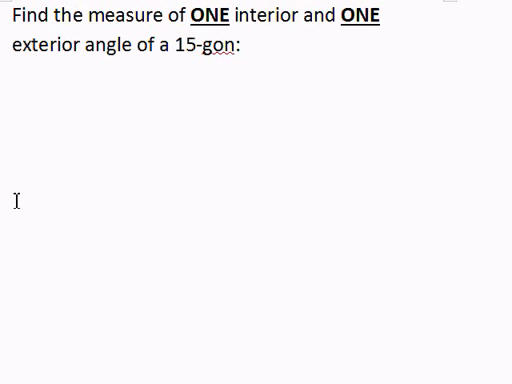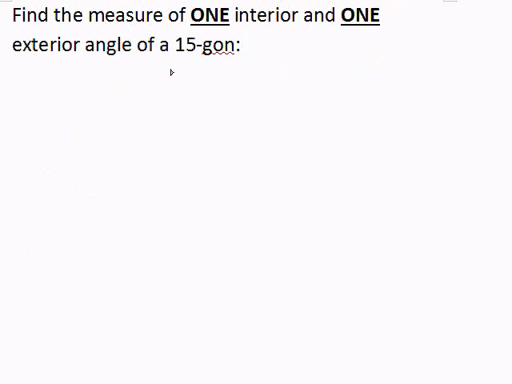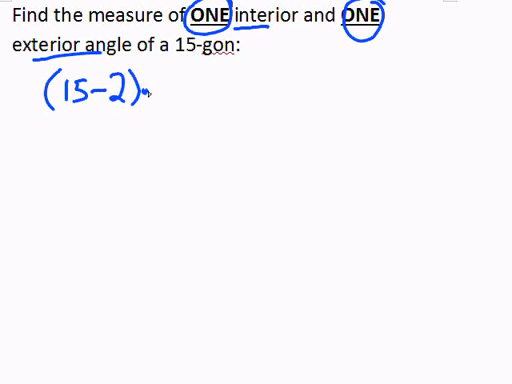And our last problem is actually going to use both of the formulas we've already learned, the sum of our interior and the sum of our exterior angles, because it's going to ask us to find only one interior angle and only one exterior angle of a 15-gon. Let's do the interior first. For the sum of the interior angles of a 15-gon, use the formula n minus 2, n being the number of sides, times 180.